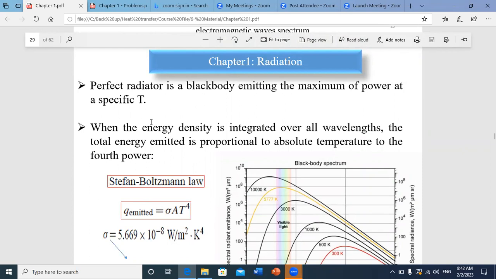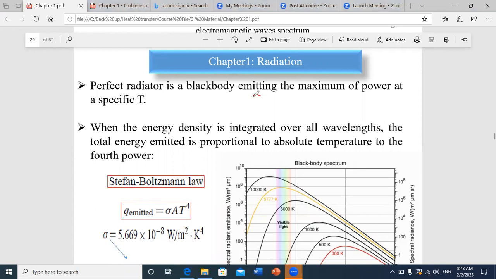In real life, the majority of surfaces are not black bodies. They are characterized by a certain property called emissivity. In this course, we'll give you the value of the emissivity of the surface. This will allow you to quantify the amount of radiation emitted from the surface. So a perfect radiator is a black body that can emit the maximum power at a specific T. Any other body, for example gray bodies, will have a lower emitted flux.